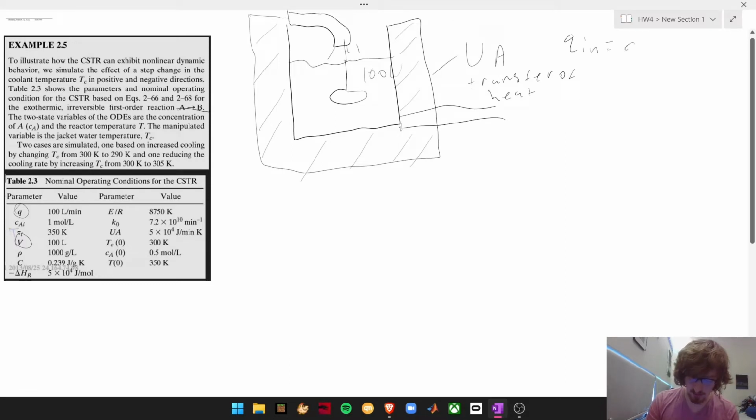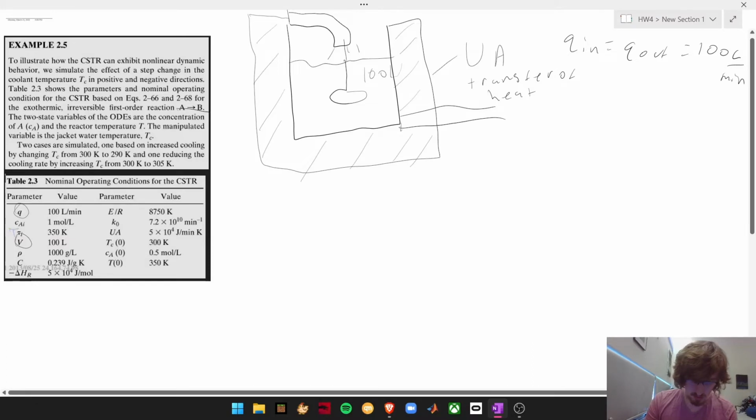Q in equals Q out equals 100 liters per minute. And then our volume is always going to be 100 liters. Our tank has a temperature, and it's important to note that this TC here, and I should also say these other T's, are the initial temperatures or the initial conditions for different parts of the system.